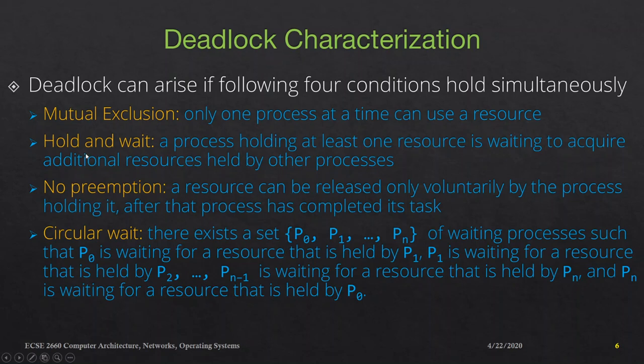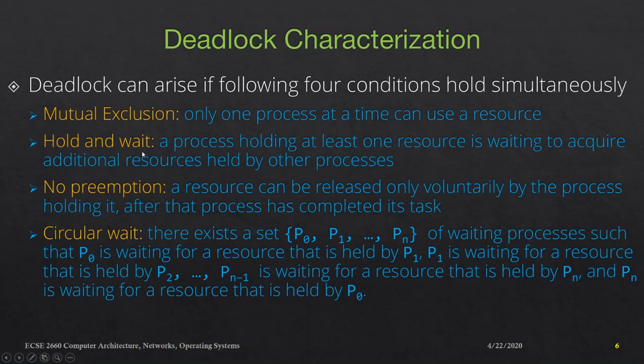The second condition is hold and wait. We consider a process to be in this hold and wait state if it is holding certain resources and it is waiting for certain other resources. So a process holding at least one resource is waiting to acquire additional resources held by other processes. That's the hold and wait condition.